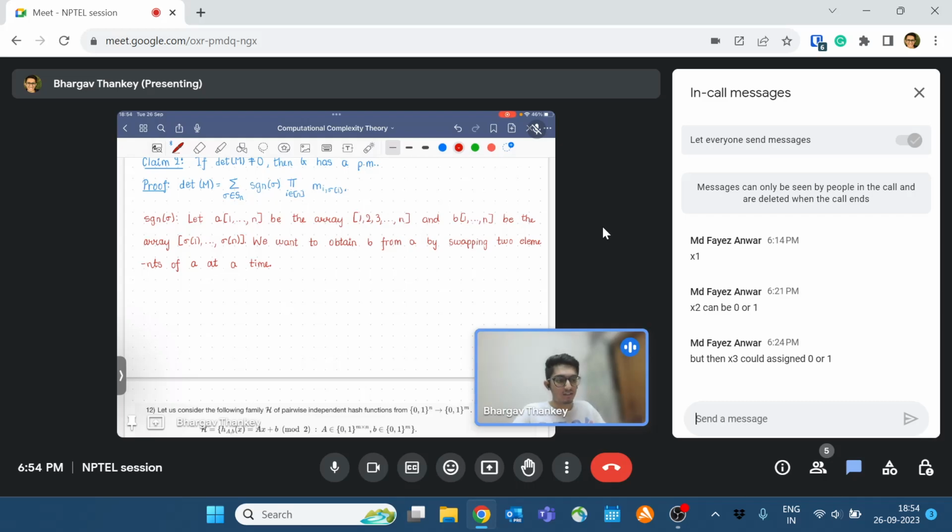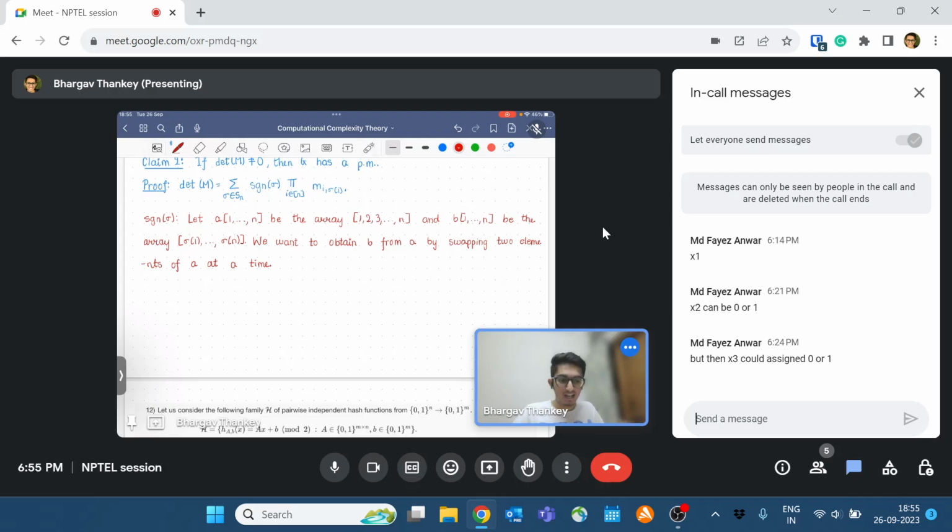Think of it as a game. You have one array, you have another array, and the rules of the game only allow you to swap two elements at a time. Any two elements. For example, I could have swapped 1 and 10. Then the array would look like 10, 2, 3, up to 9, 1, 11, and so on. Exactly two elements are swapped; you can't swap one element.